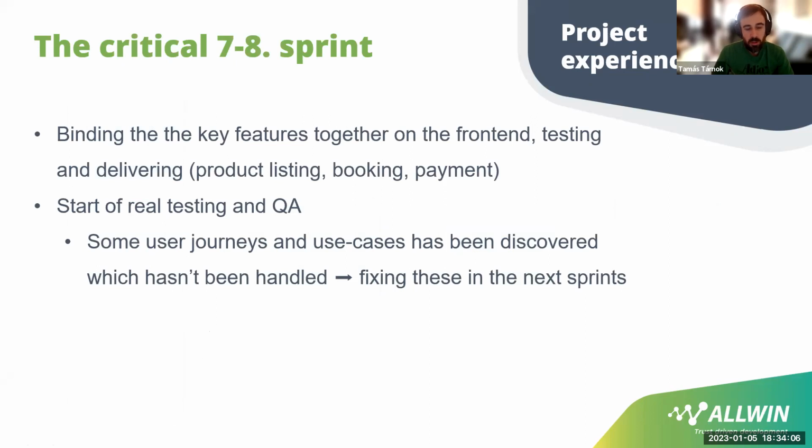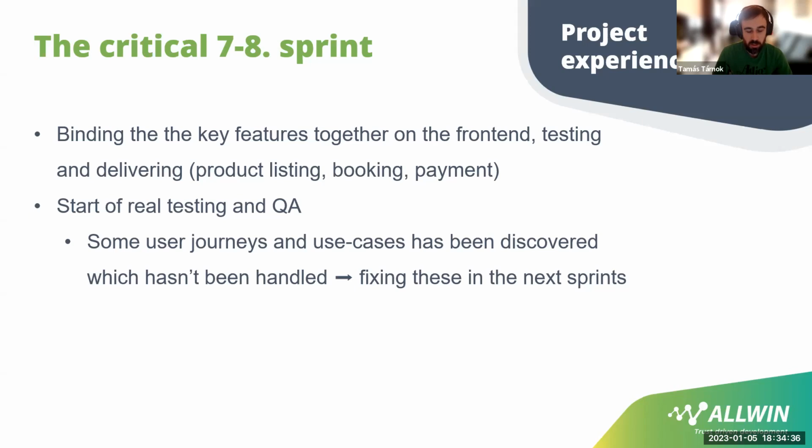So in the next few sprints, we started to, of course, bind the key features together and start the testing. And of course, there were some user journeys and use cases we didn't count on. So we had to do some bug fixes, but I would say these were all minor fixes compared to the main focus of the application.